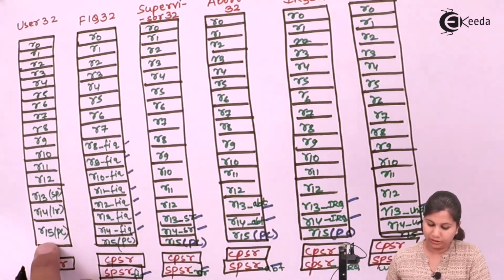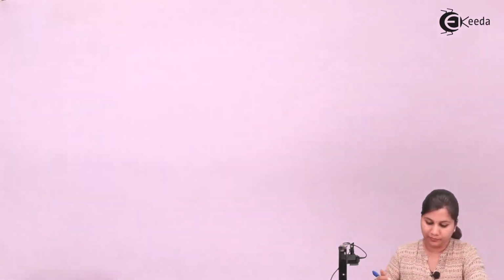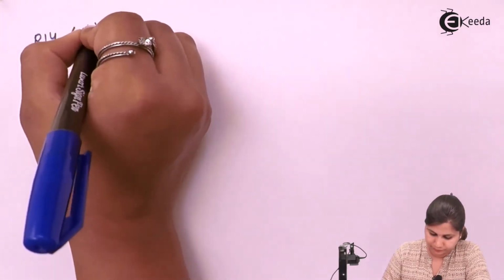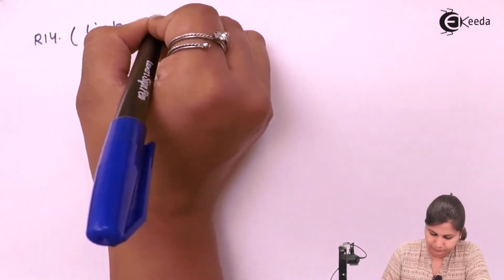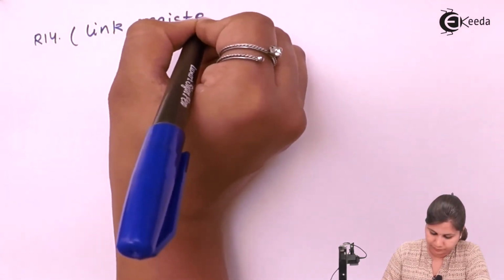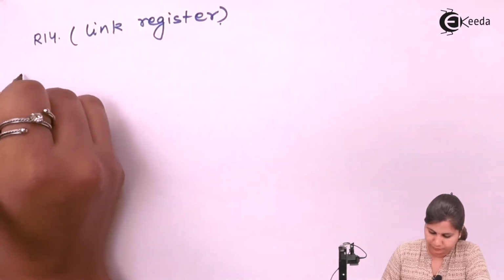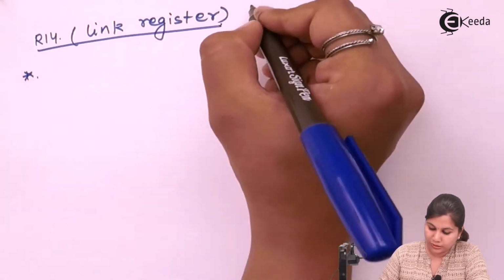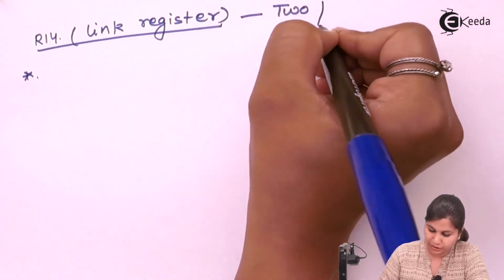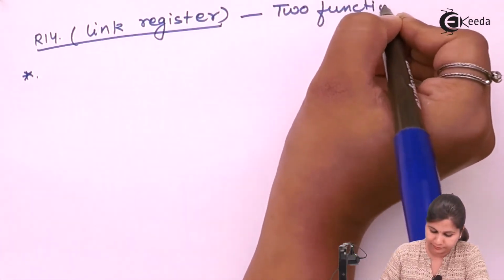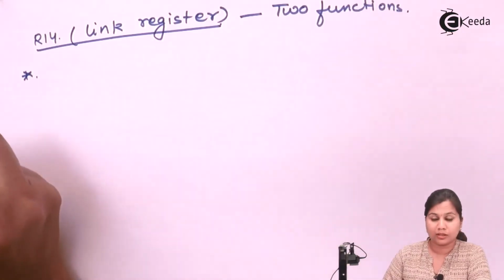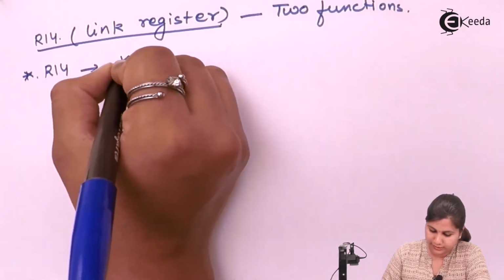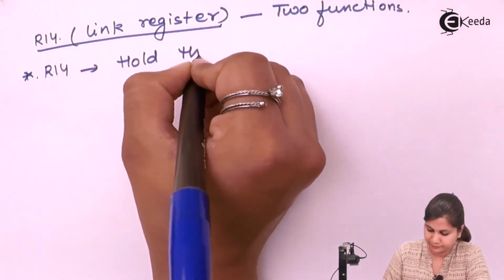Now let's see about the link register. This link register has two specific functions. In each processor mode, this R14 is used to hold the subroutine return address.